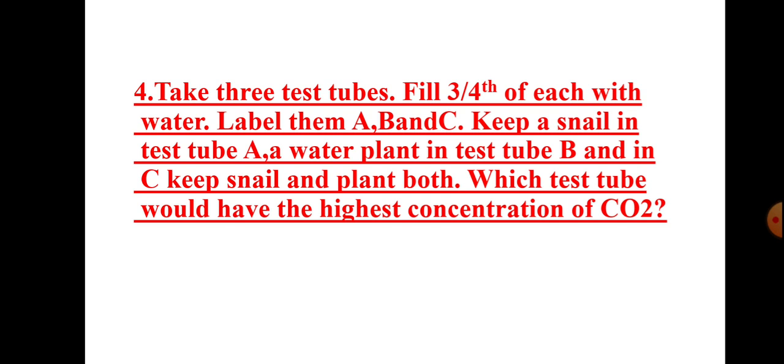So test tube A has only a snail, test tube B has only a water plant, and test tube C has both the snail and the water plant. Which one has the highest concentration of CO2? Listen.